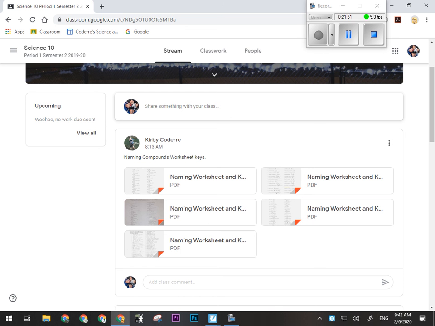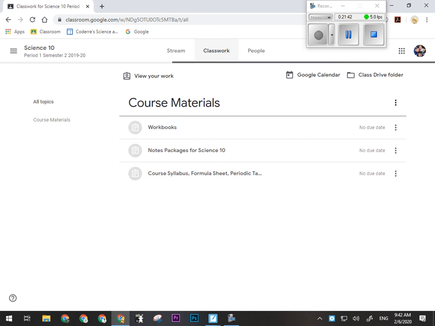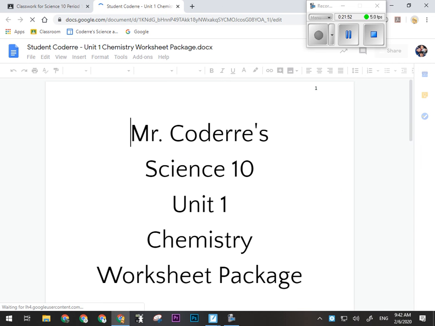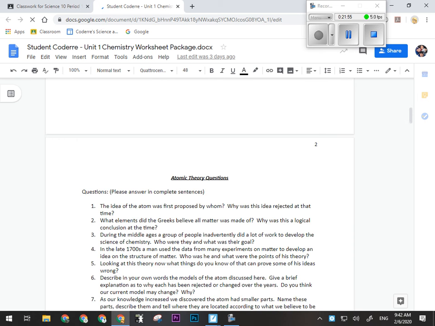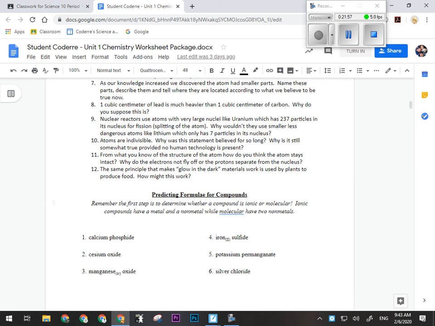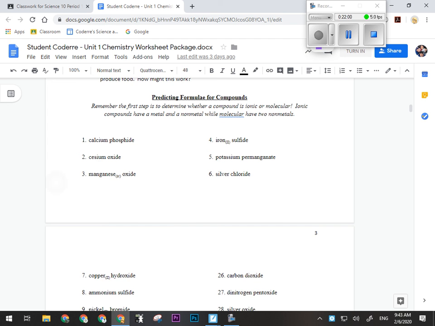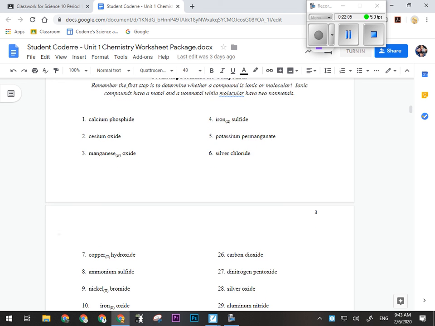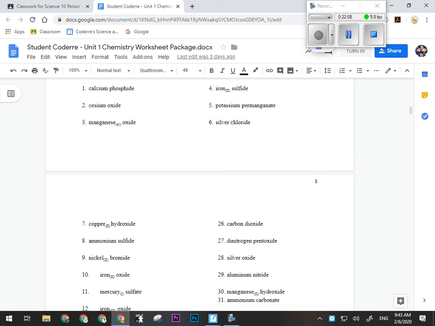You're currently working on the one called naming worksheet and key number 3. So this one here, the one that's darker for some reason. That's the key. You can find the actual worksheet itself in the course materials, in unit 1. It's the bottom of page 2 and the start of page 3. Those are the ones we're working on right now.